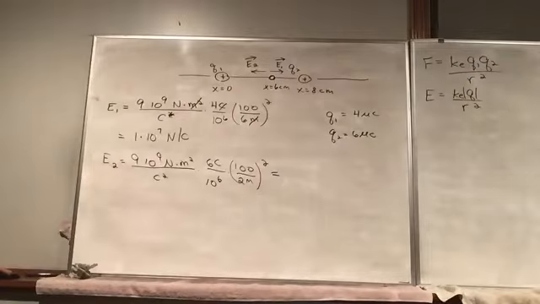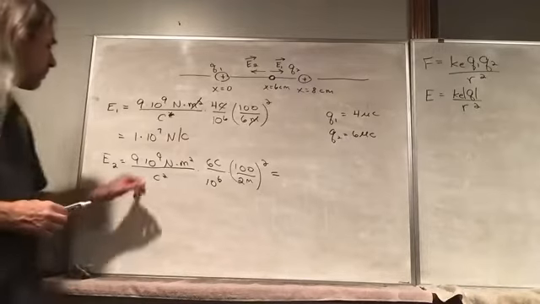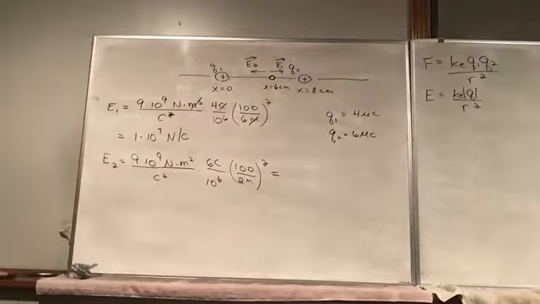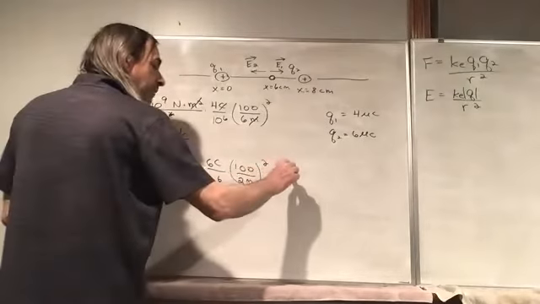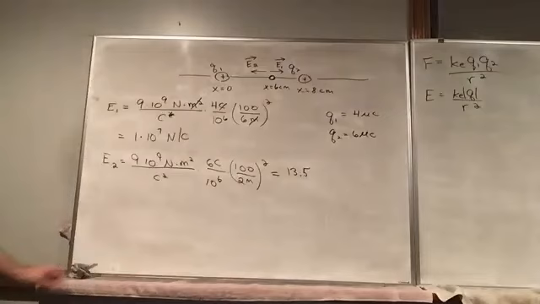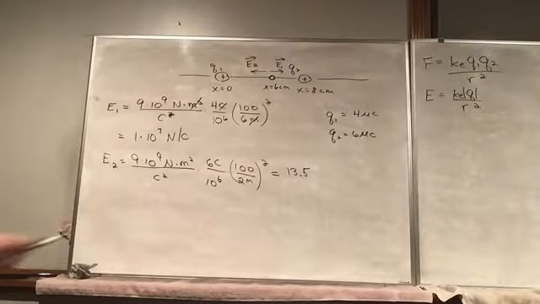Let's see, 6 over 4 is 1.5. That'd be like 13.5 times 10 to the 7th.